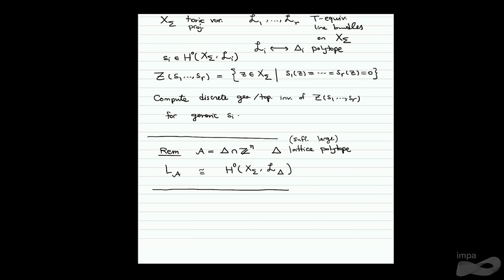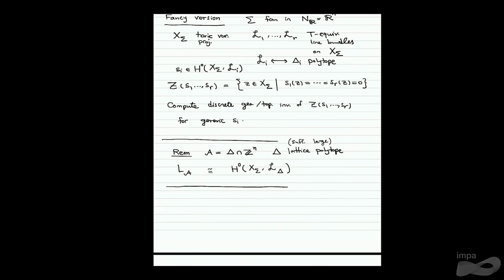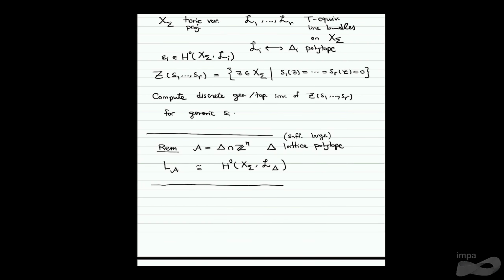This is the relation between toric varieties and Newton polyhedral theory. But in the previous setup, A is an arbitrary set of points, and does not need to be all lattice points inside the Newton polytope.